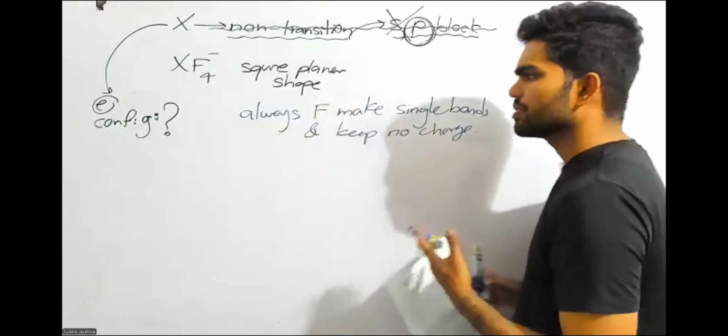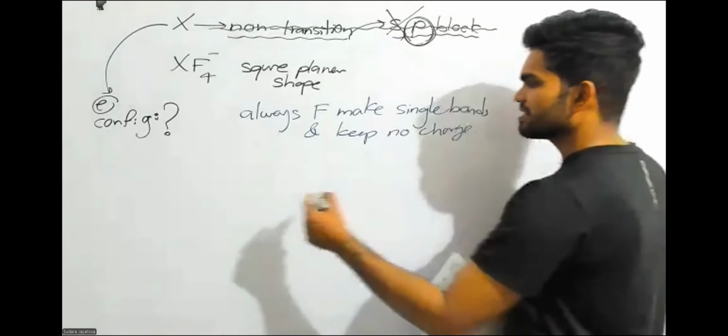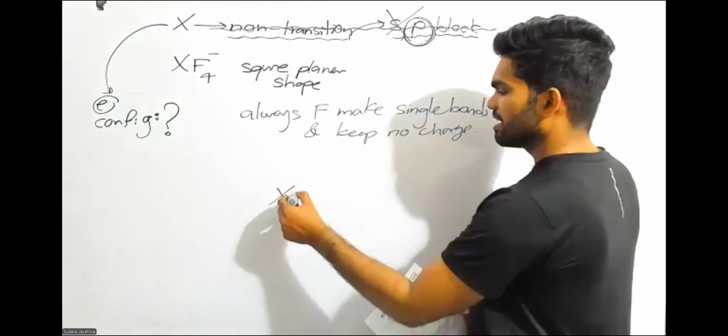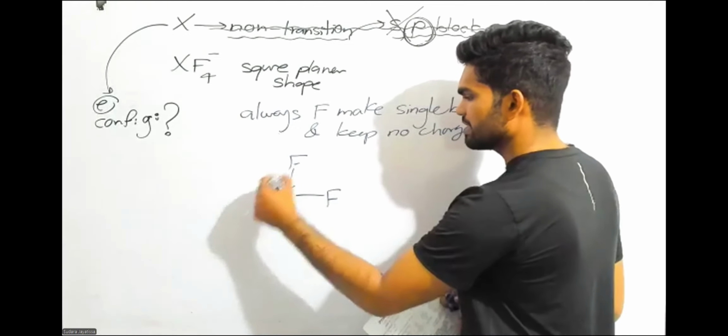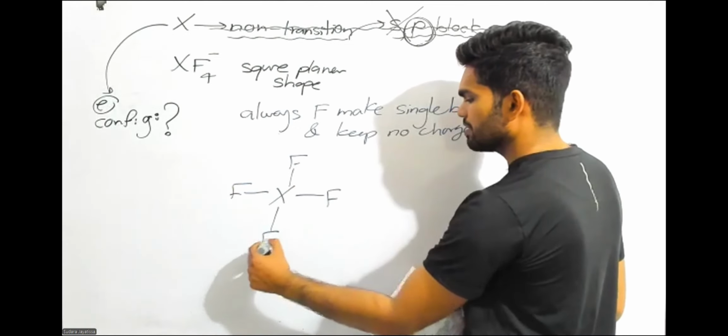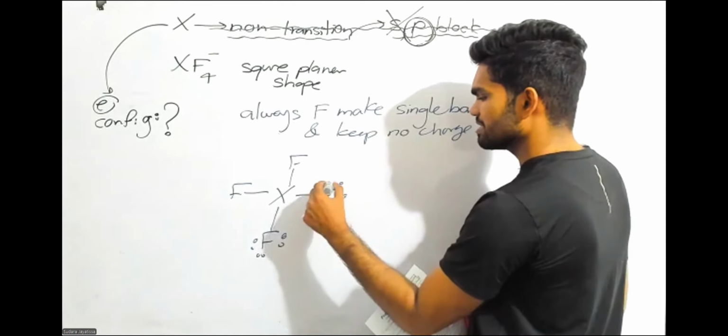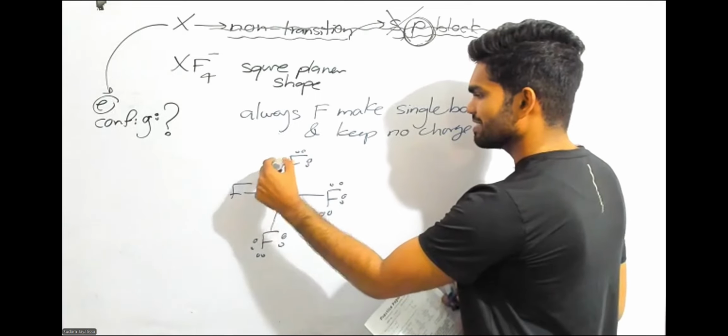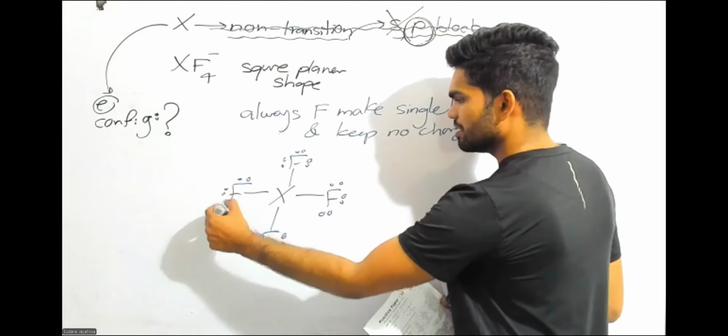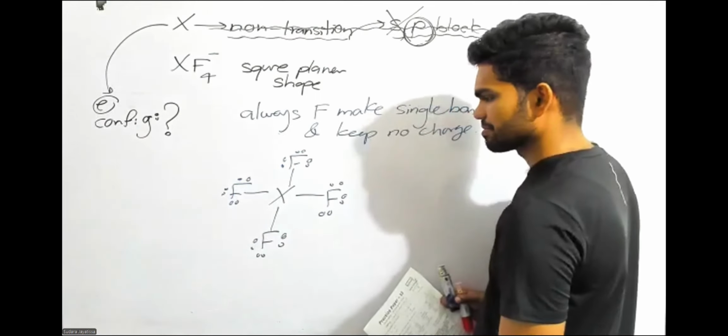Did you see any structure where fluorine has a charge or double bonds? No. Fluorine always makes single bonds and keeps six electrons, or 3 lone pairs, around it. It's a must.